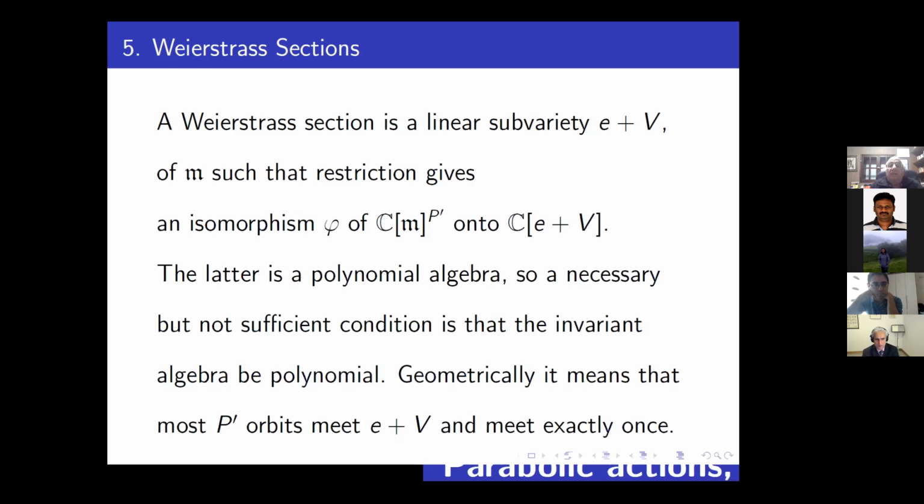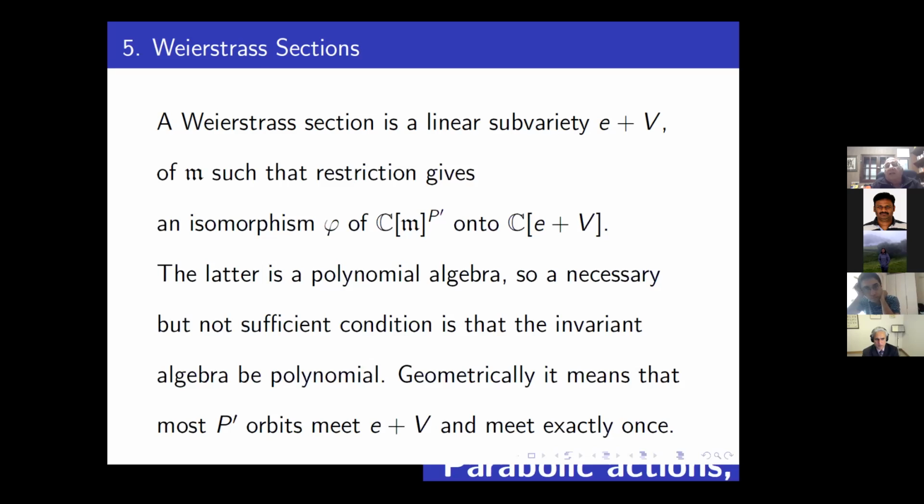Geometrically, it means that most P prime orbits meet E plus V at exactly one point, exactly once. This means that you can give a canonical form to any orbit which meets E plus V.